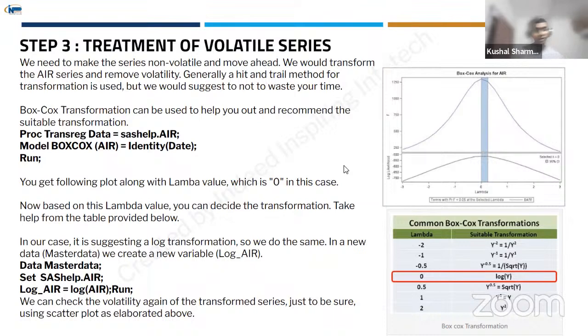All right, yeah. So here we can see that we can check the volatility again of the transformed series. So this is transformed. If you want to check, you can check for that as well.